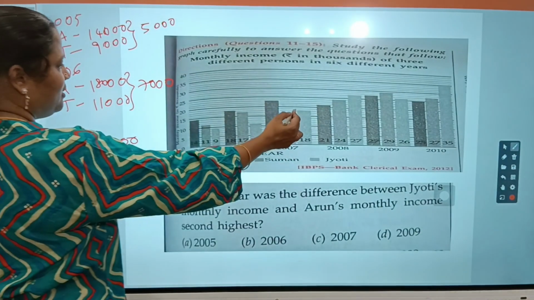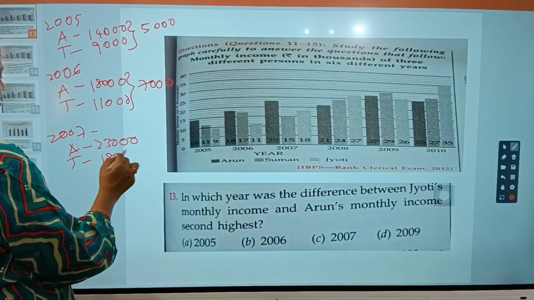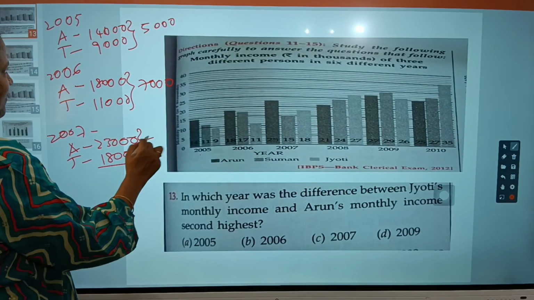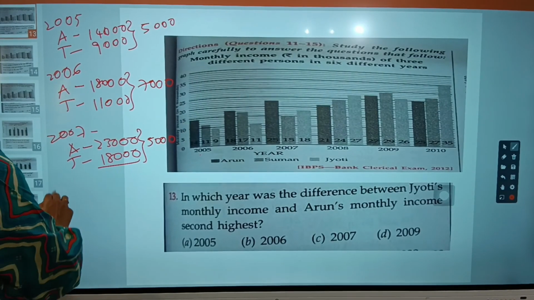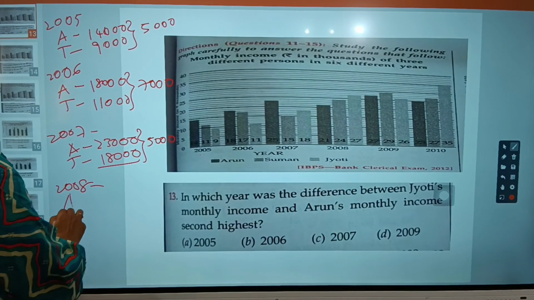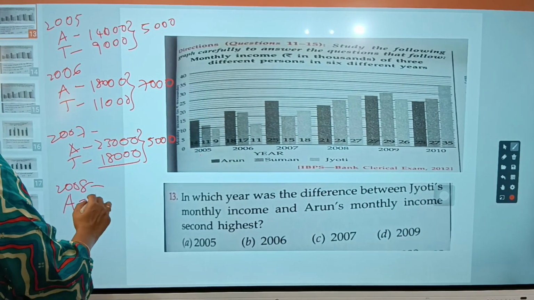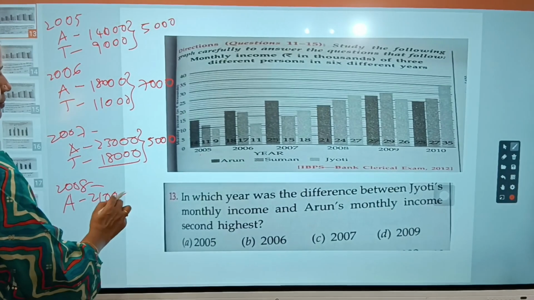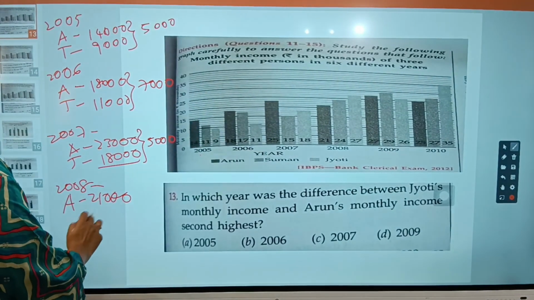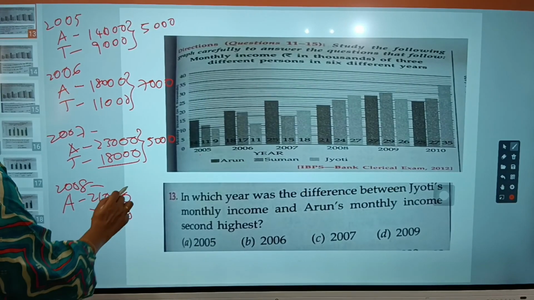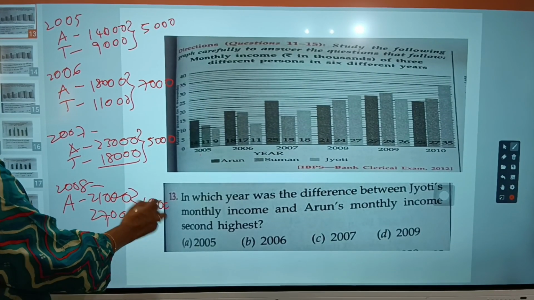Jyoti's income is 18,000. So the difference again is 5,000. Going to the next year 2008, Arun's income is 21,000. Jyoti's income has been raised now. So she is getting 27,000. So the difference is 6,000.